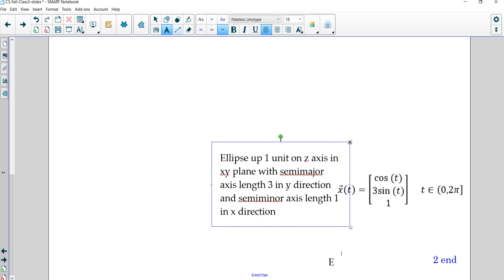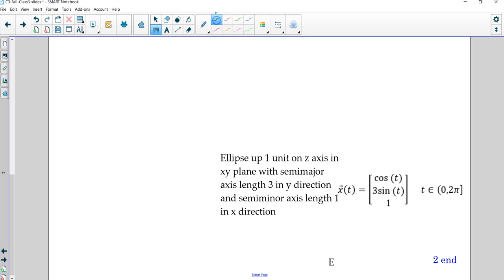All right, so now we have to attempt to draw this thing in 3D and then we'll be done. All right, so here is our 3D graph. And I'm going to do X here, Y here, and Z here. So I know I need to go up 1 along the Z, and then it's going to extend out 1 in the X direction and 3 in the Y direction.